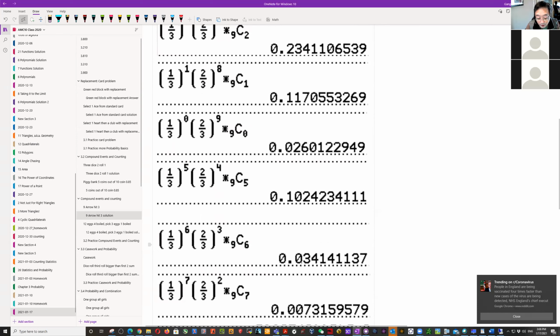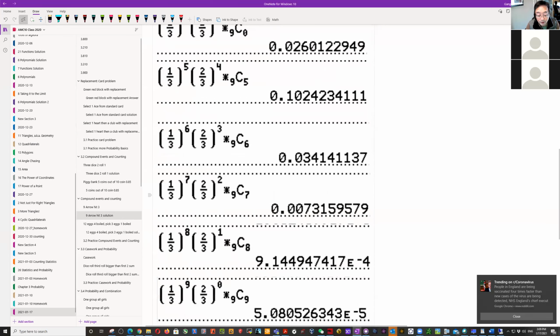Then 4 arrows is 20%, and 5 arrows is 10%. Then 6 arrows is only about 3%. So the probability of hitting three arrows is about equal to hitting 0 arrows, and 7 is less than 1%. And 8 is really, really low, about 7 out of 1,000.